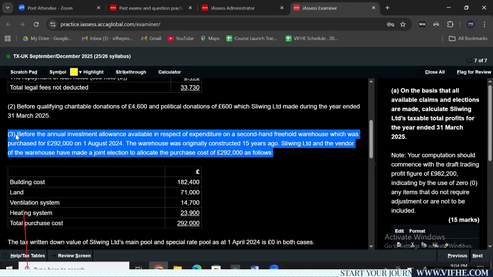Are you getting my point? So the original cost of the warehouse is not eligible for structures and building allowance because it was constructed very long ago. It got constructed 15 years ago.